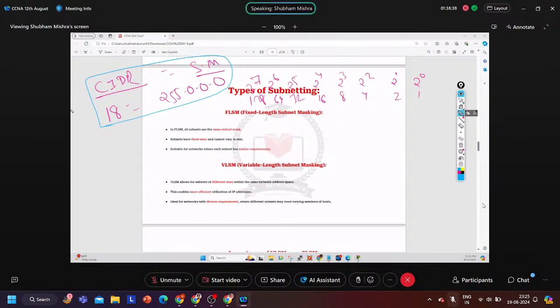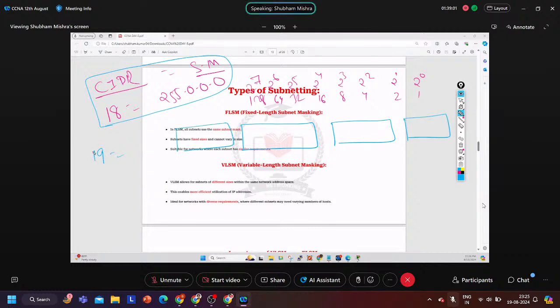No one? Okay. Now, come on, /9. What is the subnet mask for /9? 255.128.0.0. Okay. Everyone, please focus. I am telling you one or two examples, maybe you guys will understand.